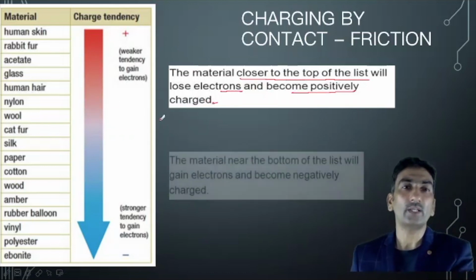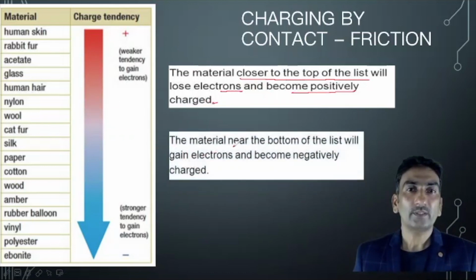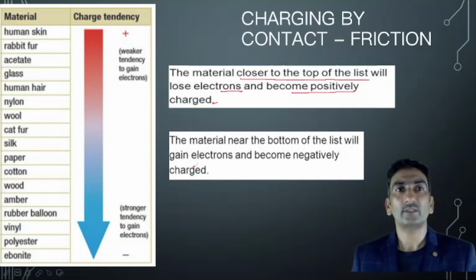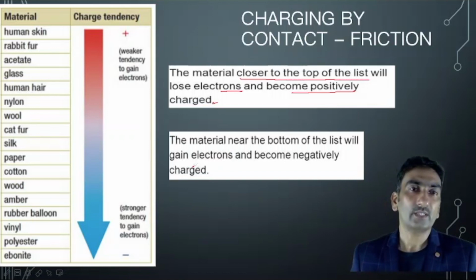And the second one, the material which is near the bottom of the list, will gain electrons and become negatively charged. So we can follow this process to identify which materials get positively charged and which one is negatively charged.